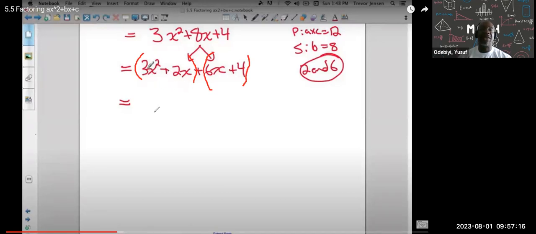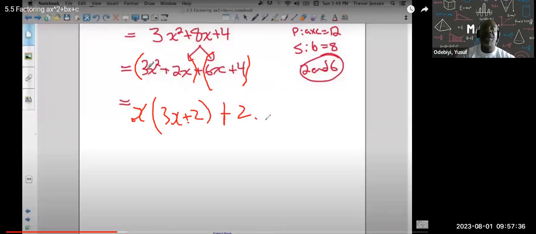I can take out x. So let me just do this whole thing for you guys. I take out x on this one here, and I'm left within the bracket 3x plus 2. And on the other bracket, I can take out 2 from both of these, right? So if I take out 2, I'm going to have here 3x plus 2.